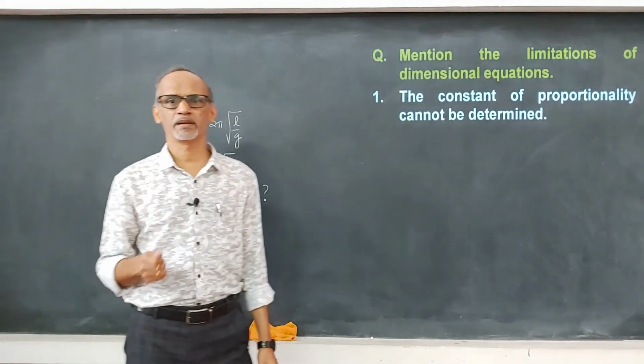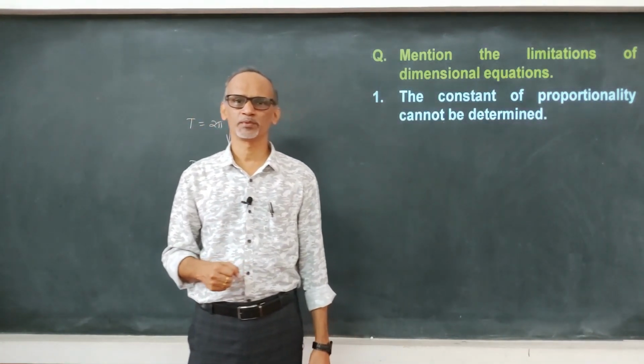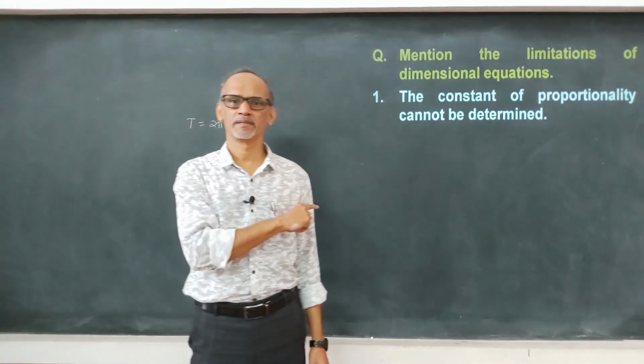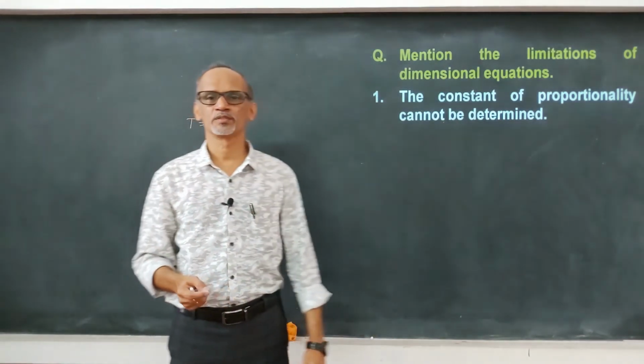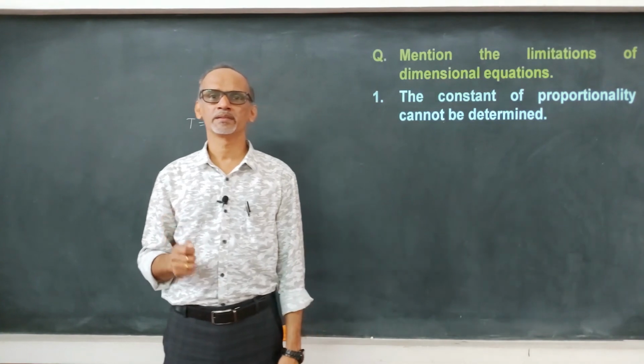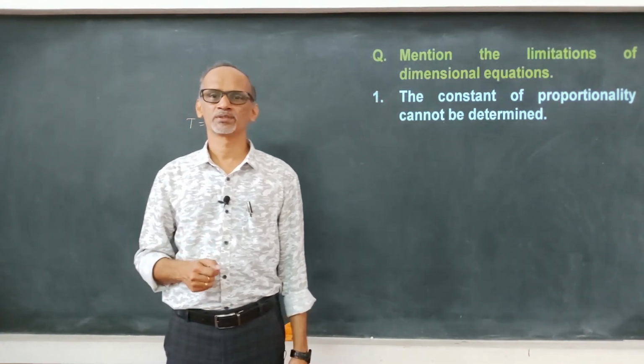By experiment we can find the constant of proportionality. That is the disadvantage, that is the limitation. So, what is the limitation? The constant of proportionality cannot be determined by the dimensional method.